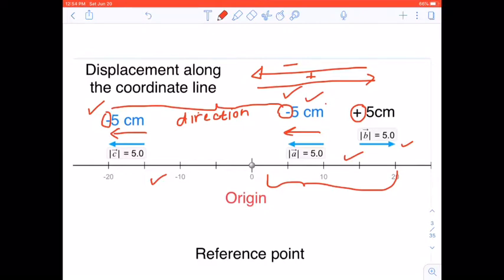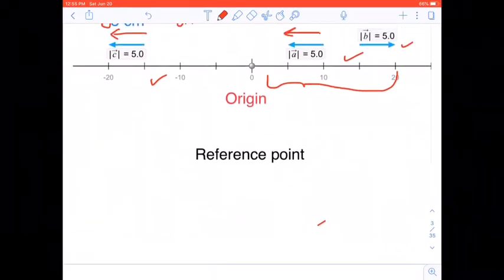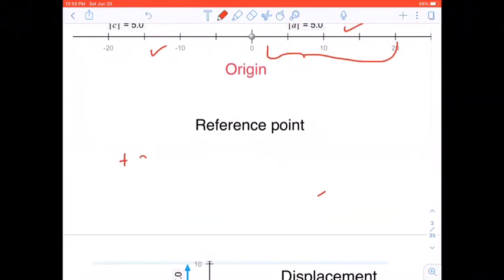So you need to be careful about that, because if we look at this here now, we see that the plus and minus refers to directions, right? That's what it refers to.